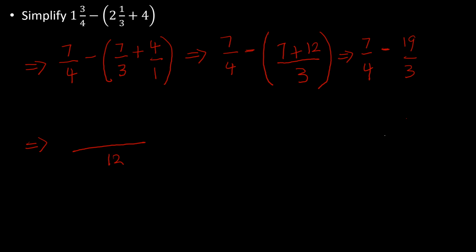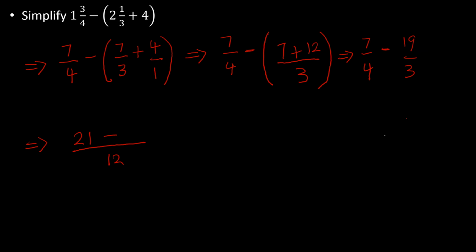So when you move on with that, we say 12 divided by 4, you're going to get 3. 3 multiplied by 7, you're going to have 21. So we have 21 minus, then you have 12 divided by 3, you're going to have 4. 4 times 19, and you're going to have 76.